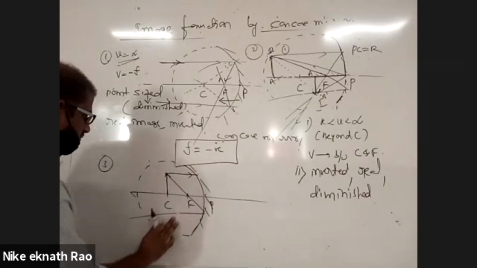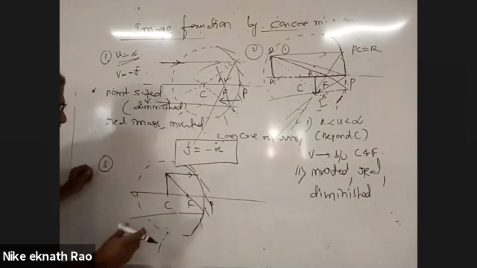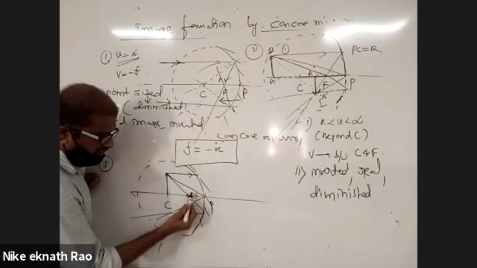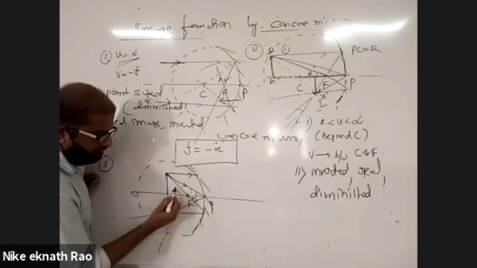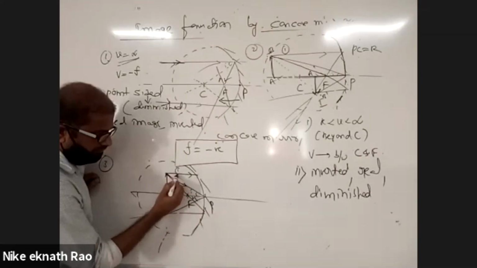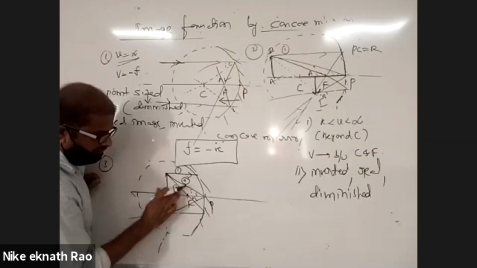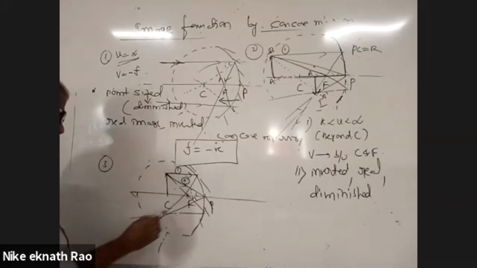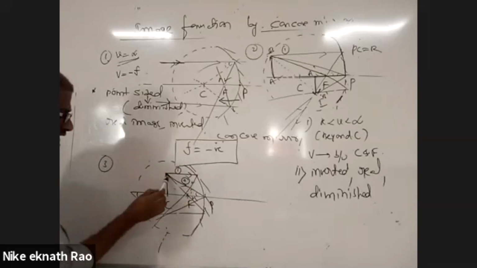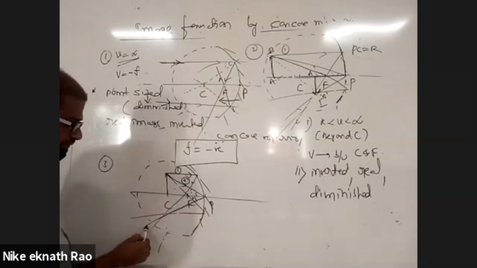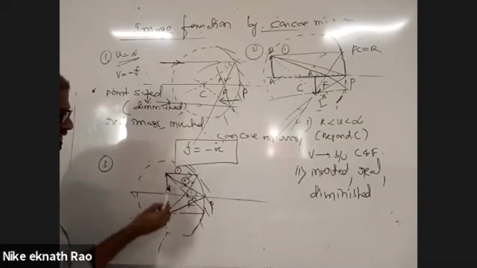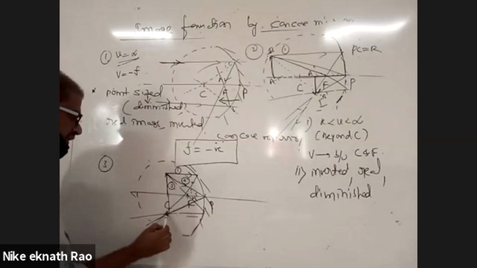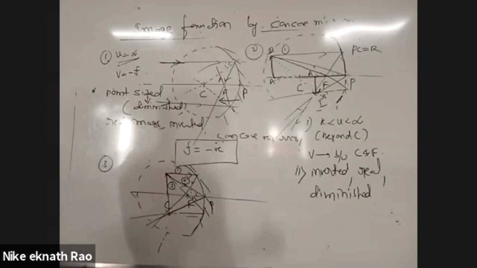The second ray goes inside the focus and reflects. Then the third one passes.